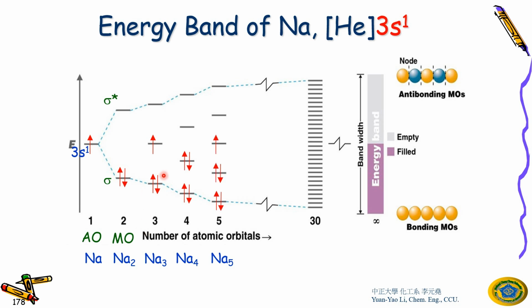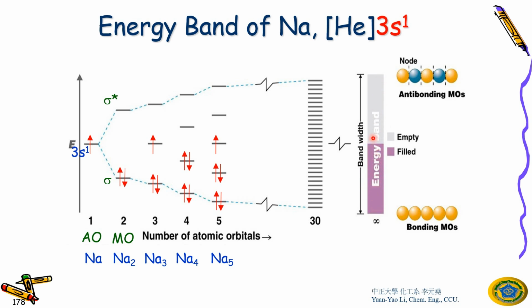Right, so when you have 30 energy states, the electrons will half fill this band, right? So if you have 1 more of this sodium, the electrons will fill half of these bands. So this is filled with electrons, this is empty. And this is the bonding molecular orbital.